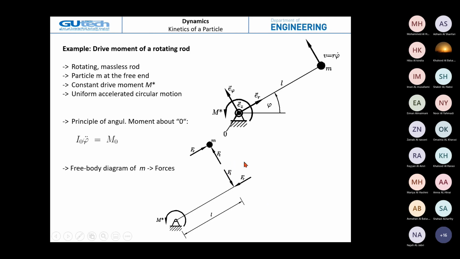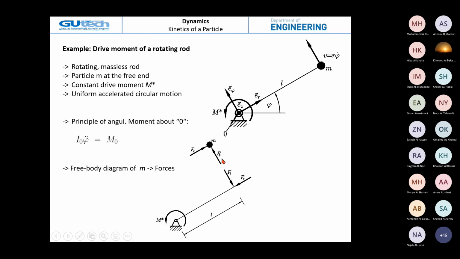Now, if we make the free body diagram, the forces here are opposite to those on the mass m, as there is equilibrium. The force F_t is opposite to F_t on the mass m, and F_r is opposite to F_r on the mass m.